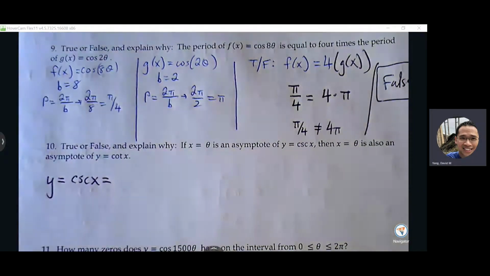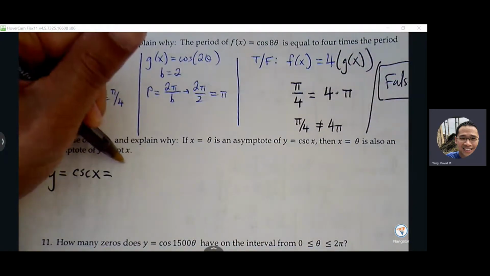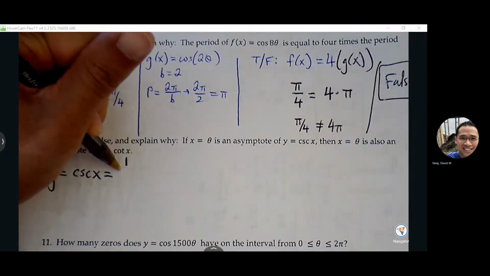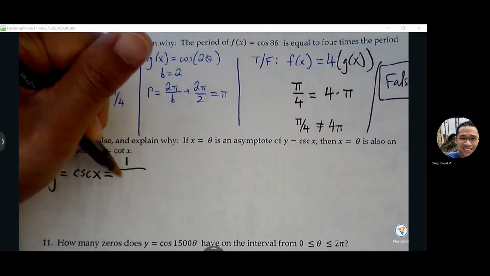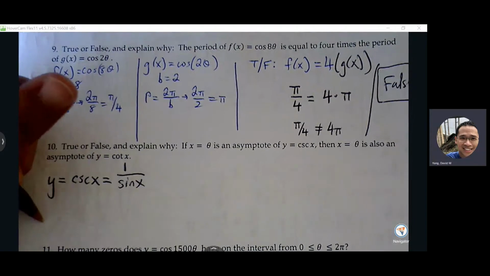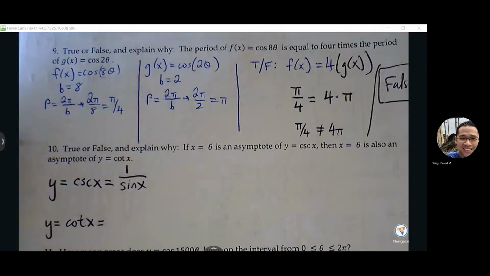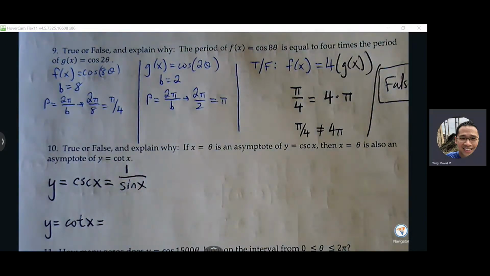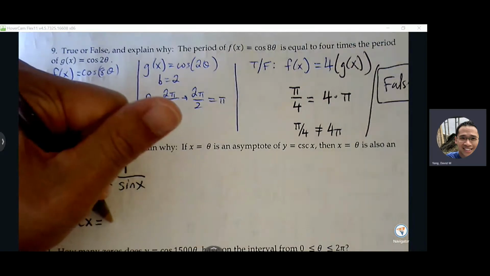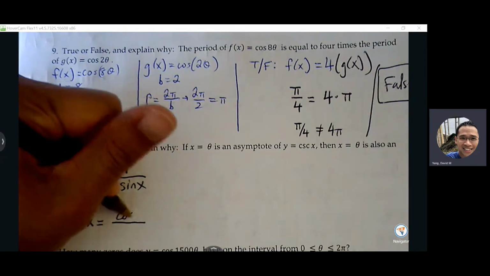Maybe let's make it something more familiar where cosecant is same thing as 1 over sine. And cotangent, what do you know about cotangent? It's opposite of tangent, okay? And tangent is y over x, cotangent is x over y. So in terms of sine and cosine, do you know what cotangent is? Cosine over sine.